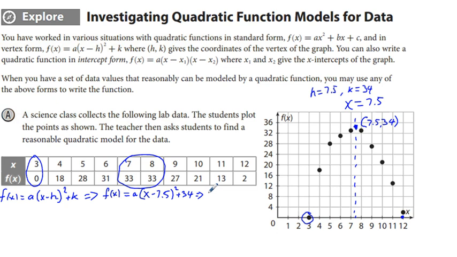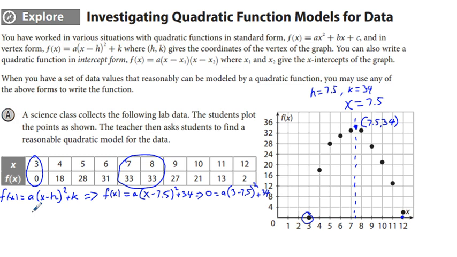So we're going to say f of x, which is 0, is equal to a, which we do not know, times quantity x, and x is 3, so 3 minus 7.5 quantity squared plus 34, which is our k value. Now I'm going to continue to work below here.